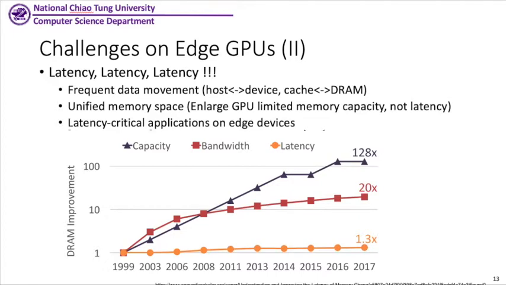The next challenge of the edge GPU is latency. DRAM bandwidth has increased linearly over the years, but the latency has not. The discrete GPU has a separate memory space. The data is required to be moved back and forth between the host and the device memory space. The data movements on the discrete GPU increase the computational latency of applications.